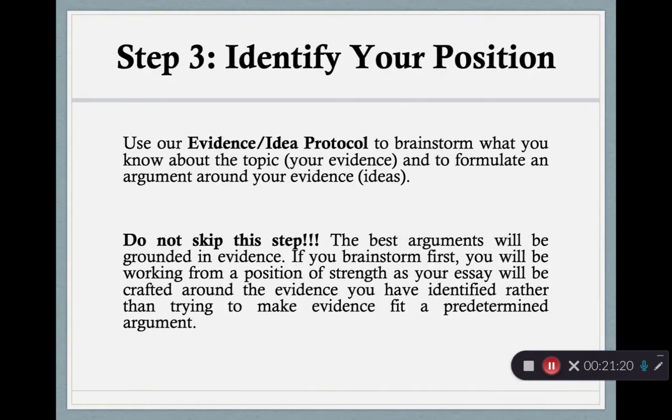The first thing you need to do, identify your position. Brainstorm. Make a list of what you know about the topic. So read the documents and then just make a list of what you know.